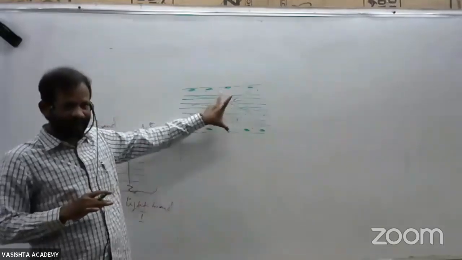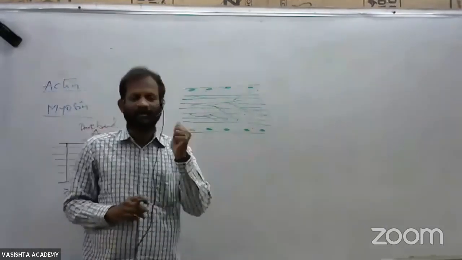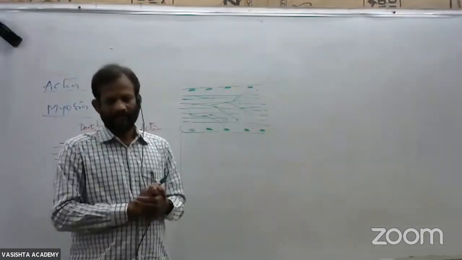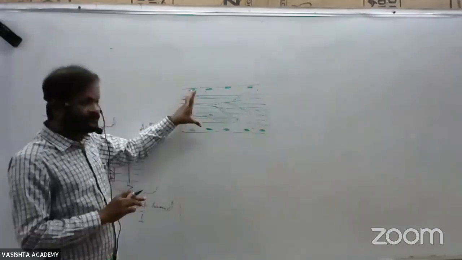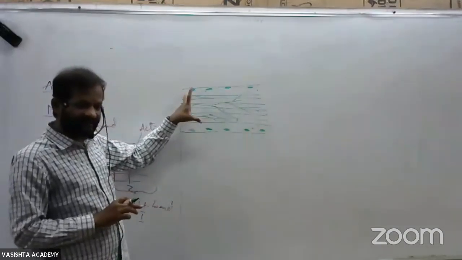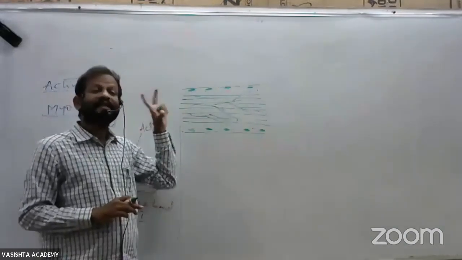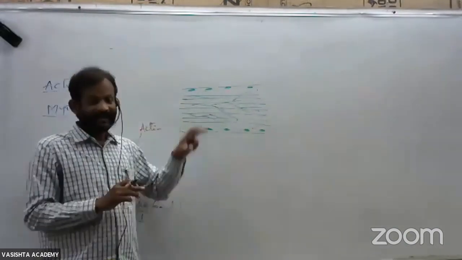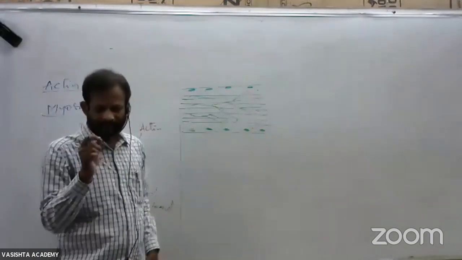Now this is one muscle fiber. That muscle fiber, if it wants to contract, and one more reminder, this muscle fiber is related to which muscle? Skeletal muscle. Skeletal muscle is voluntary. What is the meaning of voluntary?